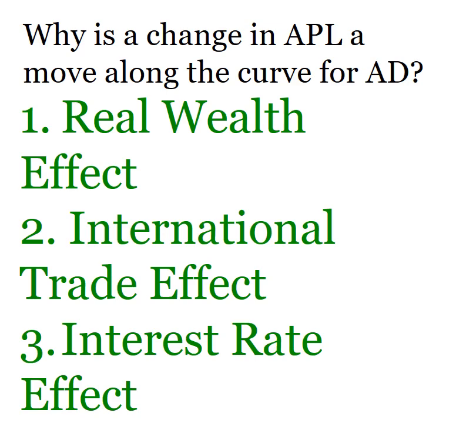So we're going to take the value of your assets and adjust it for price level to get us the real wealth. International trade effect, because other people can buy our stuff too, and we can buy things from other countries. And then finally, the interest rate effect. So we haven't talked about interest rates a lot, but we're going to get into them in much more detail because they will be involved in aggregate demand in quite a few ways, actually.